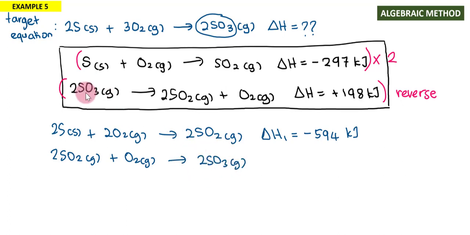So now I have 2 moles of sulfur trioxide on my product side. The one that I need to change is my delta H, let me label it delta H2.